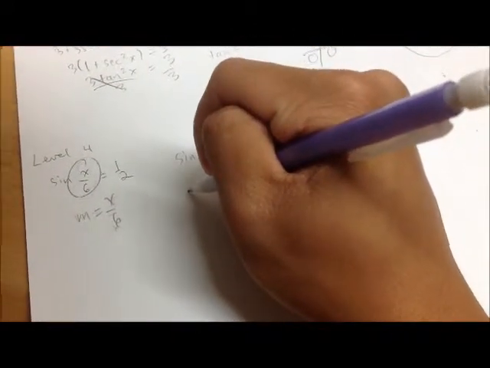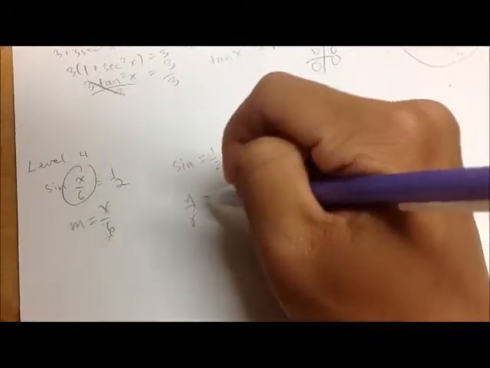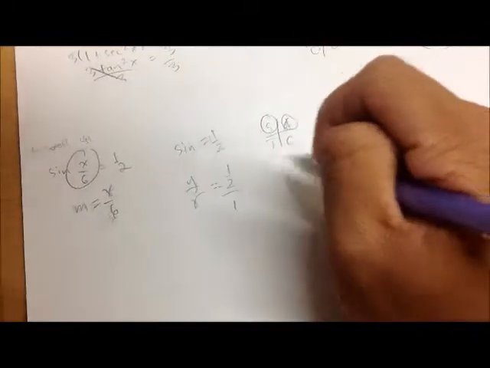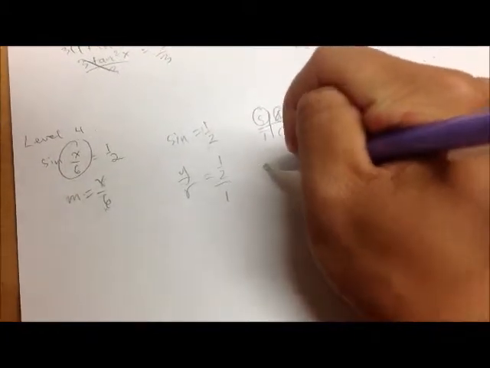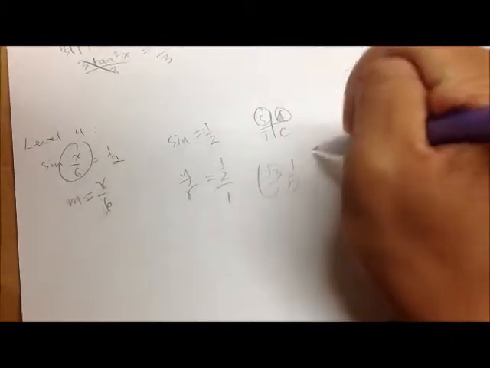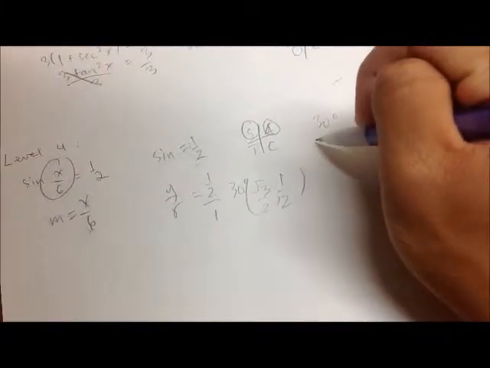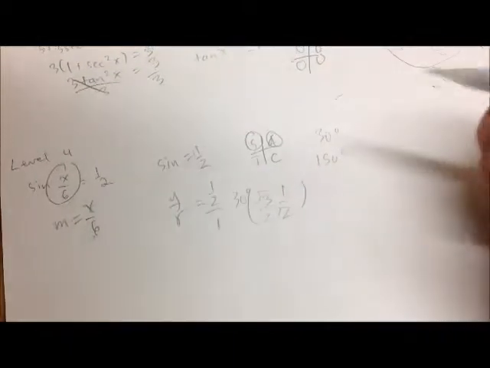And sine is y over r. So we want 1/2 over 1. We want the y value to be 1/2. So this is a 30-degree reference angle. So that's going to be 30 degrees and 150 degrees.